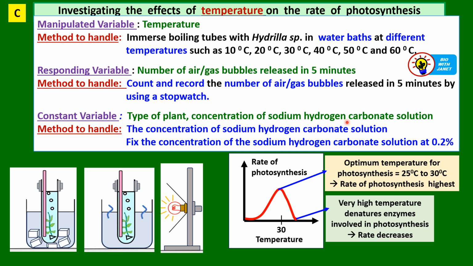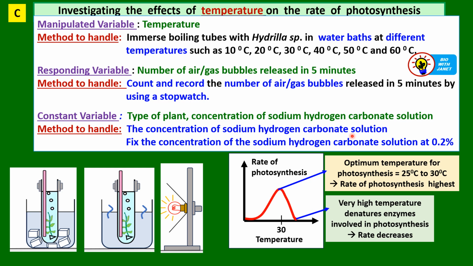This will keep the concentration of carbon dioxide constant. Okay, only temperature changes. So method to fix the variable is fix the concentration of sodium hydrogen carbonate solution at 0.2%. Okay, or it could be some other value. So must state the value of the sodium hydrogen carbonate solution.